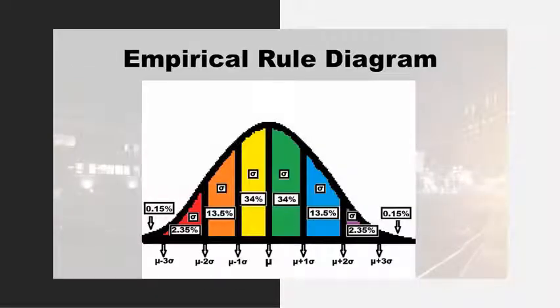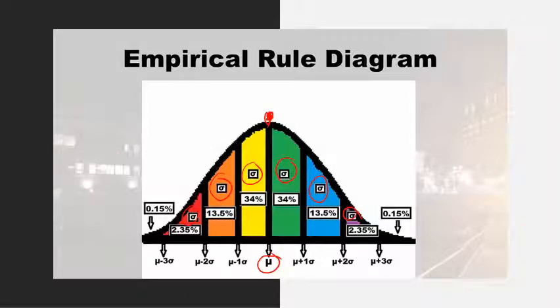Okay, so here is an empirical rule diagram, just to try to put a lot of this into perspective for you. Here's your mean. Now, if you've noticed, every single one of these sections has a symbol for standard deviation.